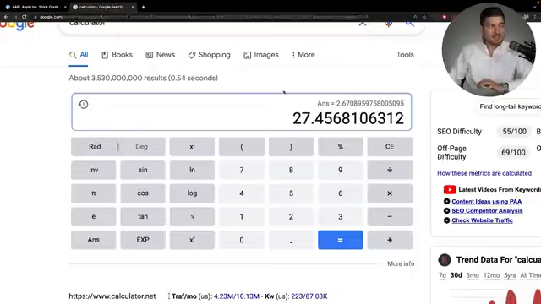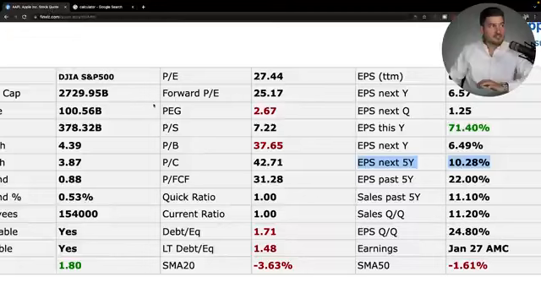So the formula is price divided by earnings per share, that's this number right here, divided by 10.28. What do we get? 2.67. Oh, look at that. PEG ratio, 2.67. Ta-da! We're right. So that's how you figure out the PEG ratio, guys.